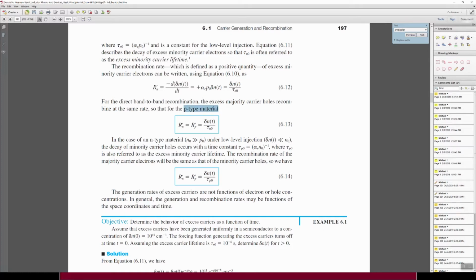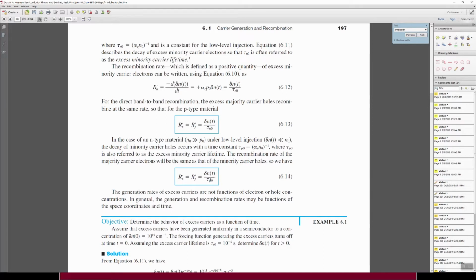For p-type material here, recombination, this is Rn prime and Rp prime, right? The prime stands for excess. So for your excess carrier, you must divide by tau n. For p-type, your minority is n, so delta n(t) over tau n0. For n-type material, instead of using n, you have to use p here.